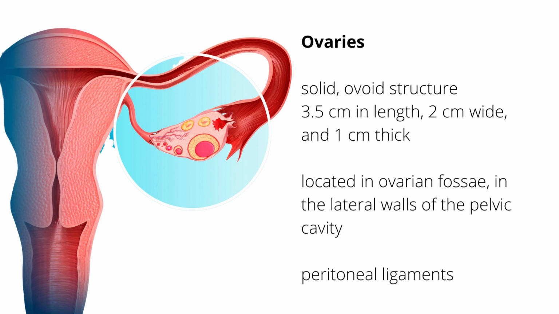The ovaries are located in shallow depressions called the ovarian fossae, one on each side of the uterus, and in the lateral walls of the pelvic cavity. They are held loosely in place by a peritoneal ligament.